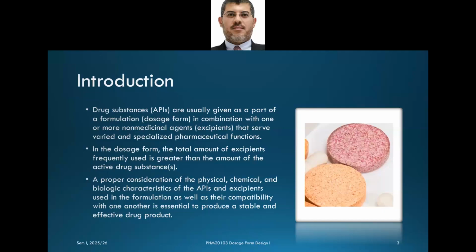The remaining 80% of that tablet is all excipients. Sometimes it's 50-50, sometimes the drug substance has a larger percentage compared to the excipients, but in most cases, excipients are greater in amount compared to the active pharmaceutical ingredient.